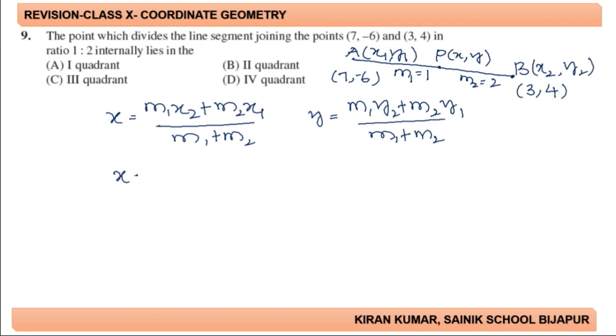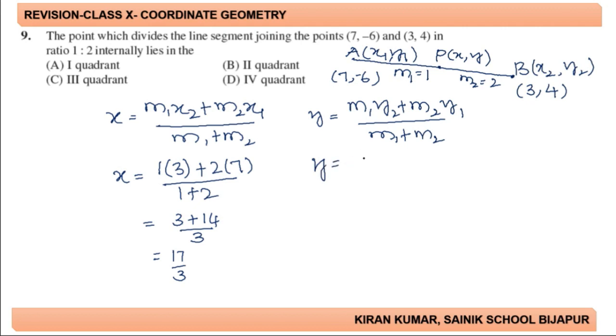So the value of x will be equal to (1 times 3 plus 2 times 7) divided by (1 plus 2), which is 3 plus 14 upon 3, which is 17 by 3.